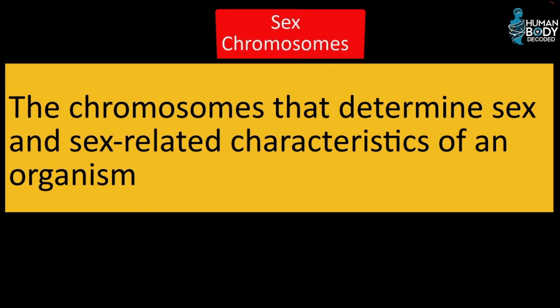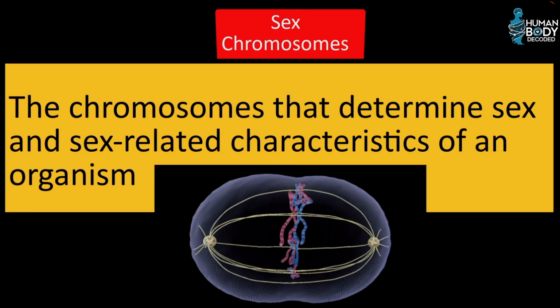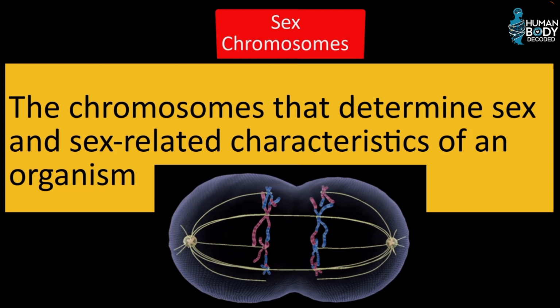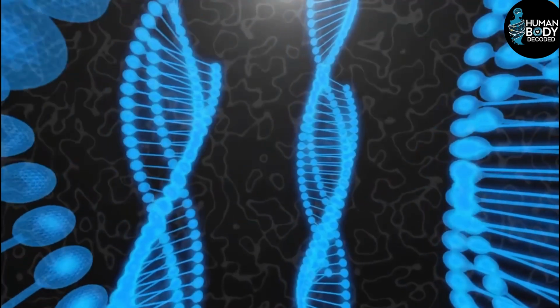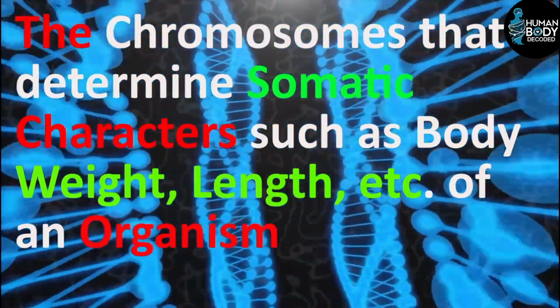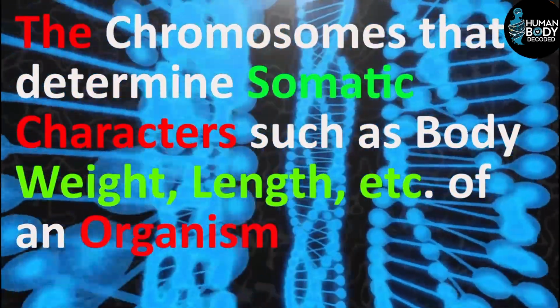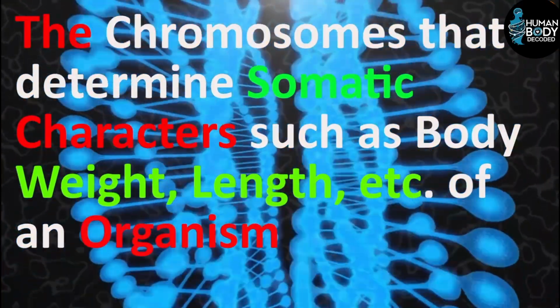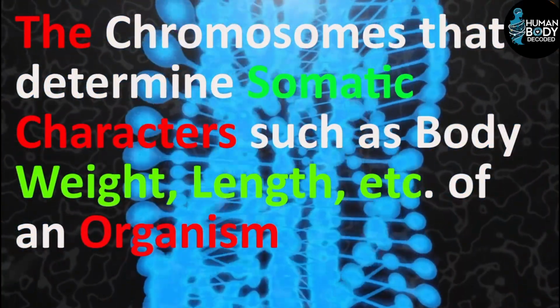First, I will explain what sex chromosomes are. Those chromosomes that determine the sex and sex-related characteristics of any organism are called sex chromosomes. Autosomes determine somatic characteristics of the body, like body weight, body length, skin color, and all other characteristics of any organism that are determined by autosomes.